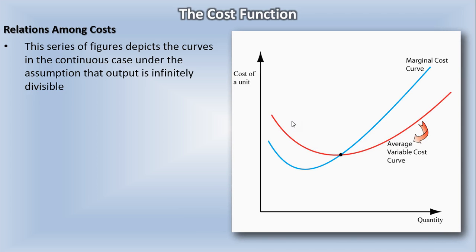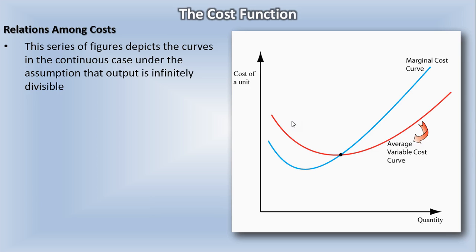So here is our average variable cost. Our average variable cost will initially be decreasing and then start to increase, again, due to the fact that we have increasing returns to labor initially and then decreasing returns to labor, which starts to bring our average variable cost up. The extra cost of producing additional units will have that same relationship to average cost as marginal product had to average product.